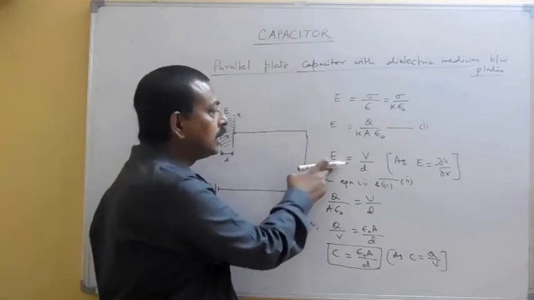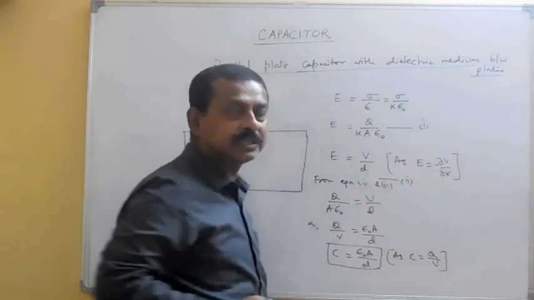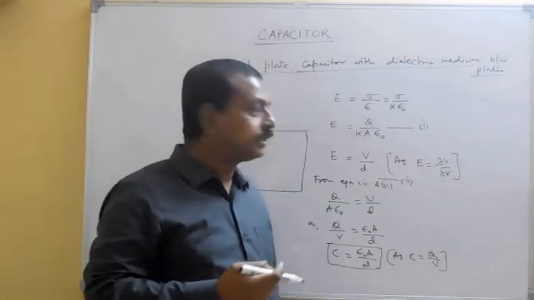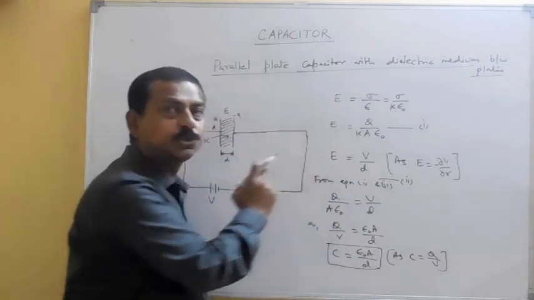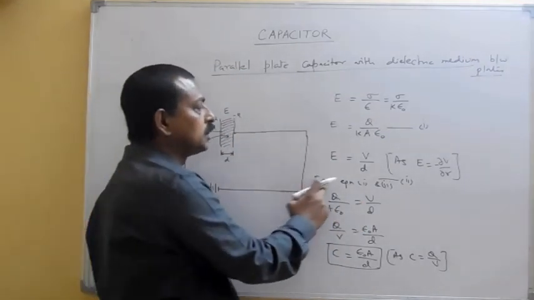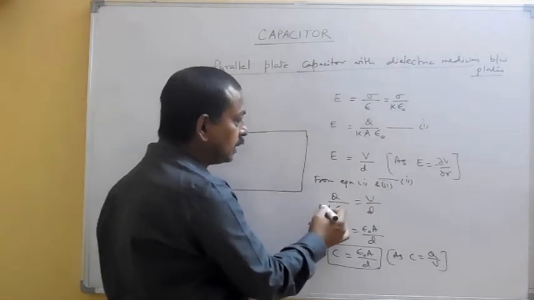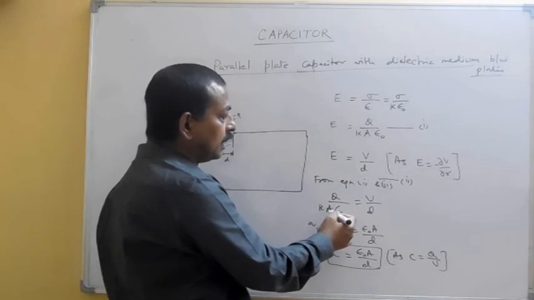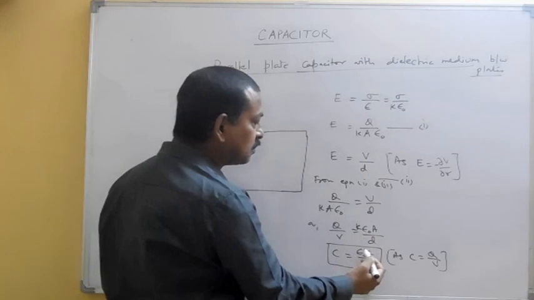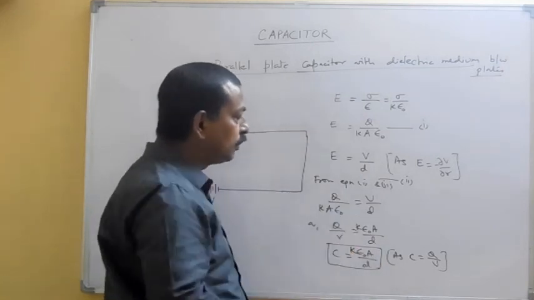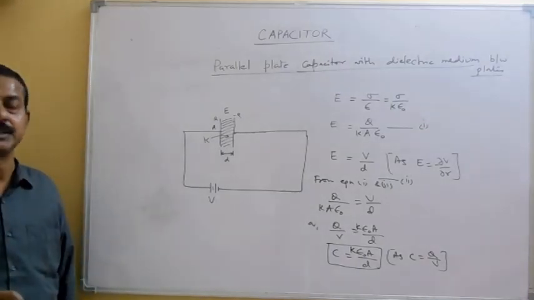Again, the electric field E, this time it will be V by d, as E is the negative potential gradient. If you equate equation 1 and 2, you can write Q by K epsilon naught A equals V by d. So C will be equal to K times epsilon naught A by d.